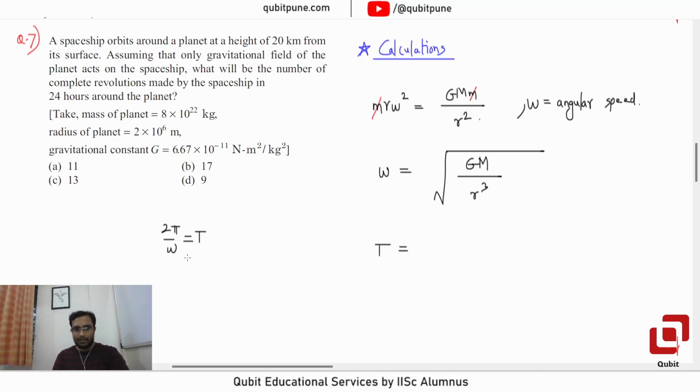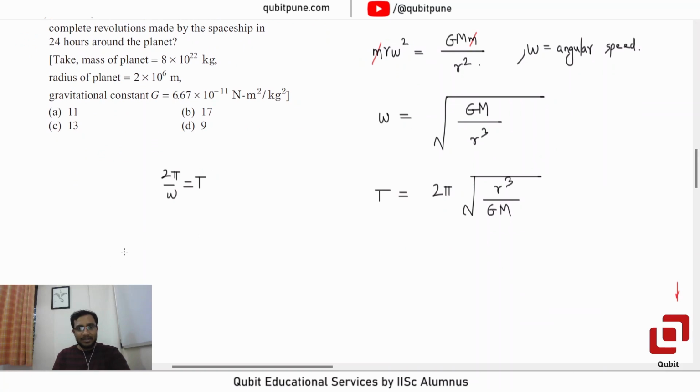Yes, 2 pi by omega is T. So 2 pi into root of r cubed upon GM will be the time period. So this is the time that it takes to complete one revolution.